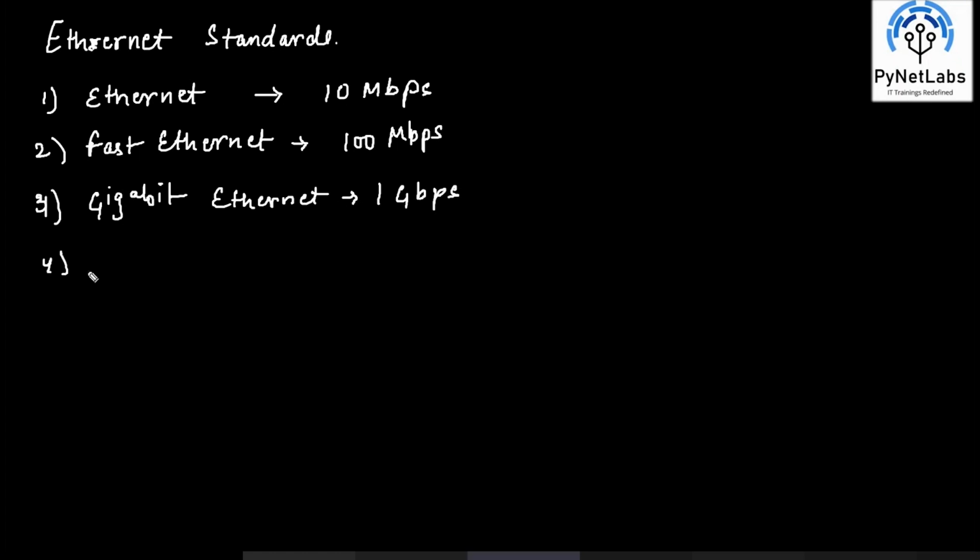And the last one, 10 Gig Ethernet, with a speed of 10 Gbps.